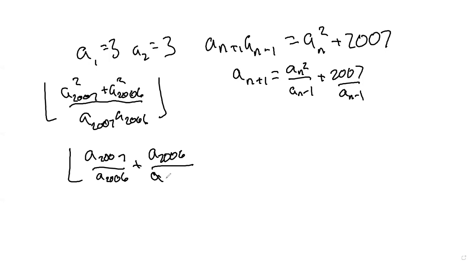Expressions of the form x over y plus y over x have occurred enough that I remember them. And maybe splitting them apart like this might be the key. So what this tells us is that we're going to want expressions like this and expressions like this. Yeah, they're reciprocals of each other. So what can we do?